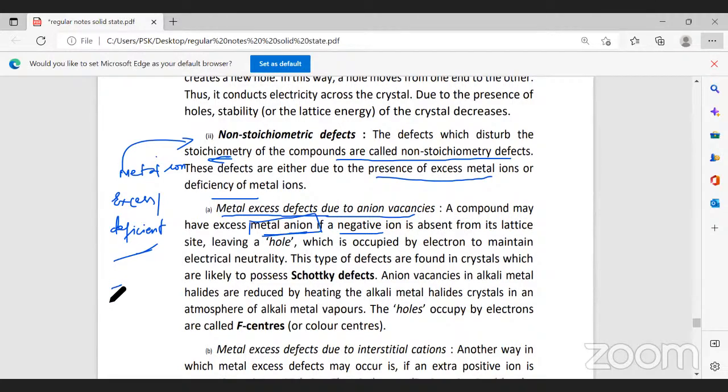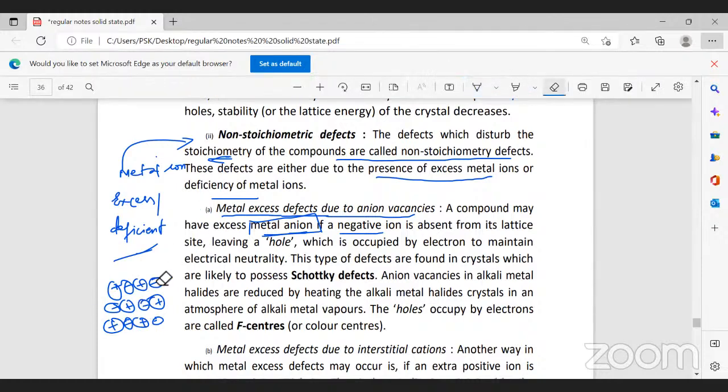Now, if you have positive and negative ions like this, it's a perfect crystal that I'm drawing. If an anion is missing, then it is called metal anion. There's a hole left here.